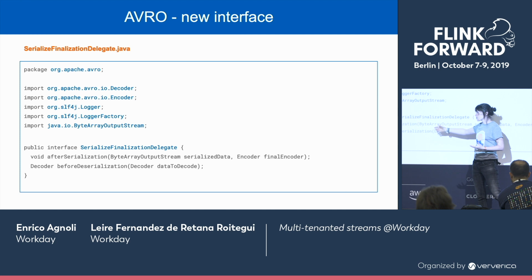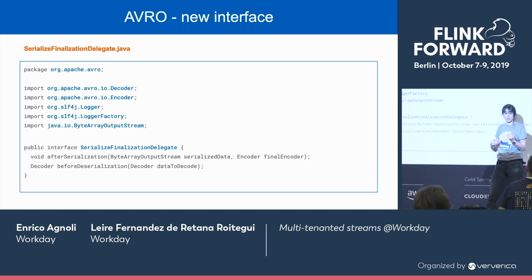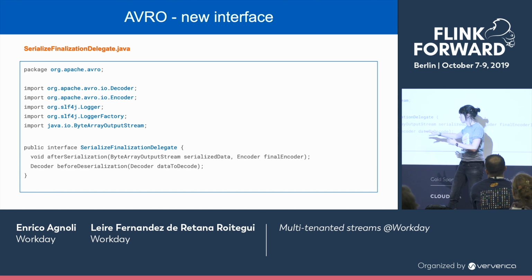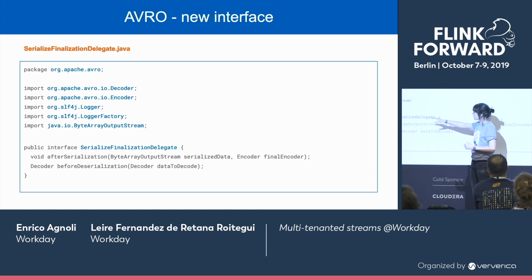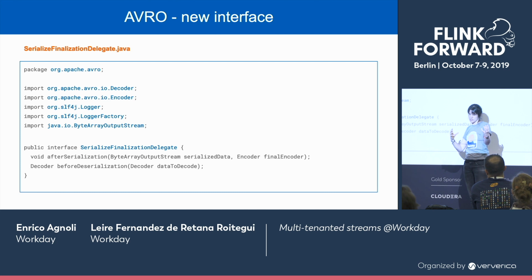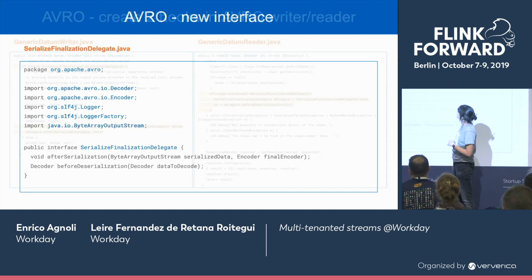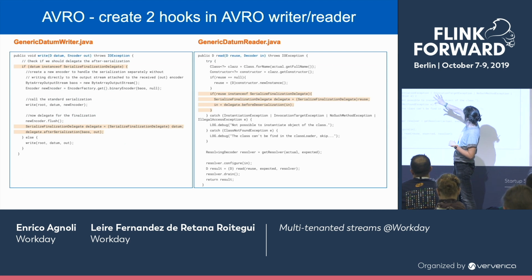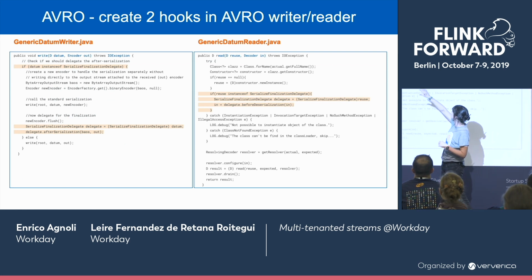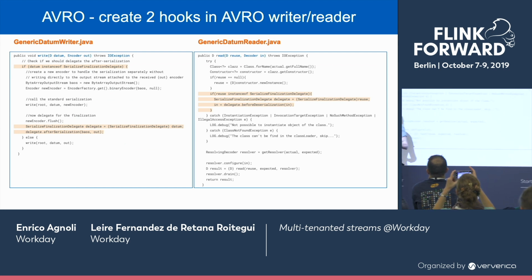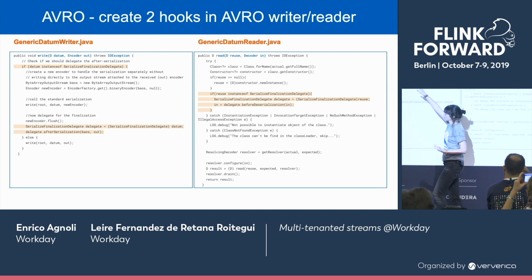Let's remember that first the serialization logic from AVRO kicks in, and then the delegate, so it's after serialization, and likewise, before the deserialization, it needs to decrypt it and then hand it back. And lastly, on this part, we're going to see the two pieces, the writer and the reader. The highlighted part is what we added on the AVRO library. It's quite simple.